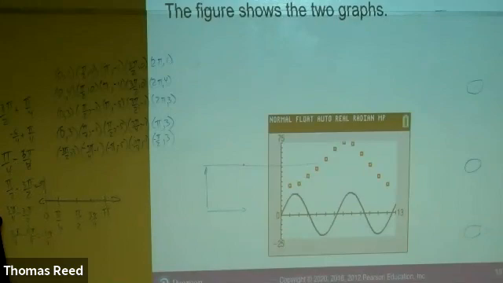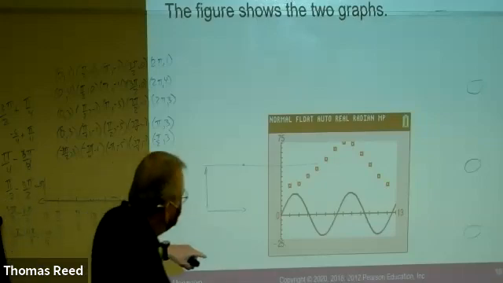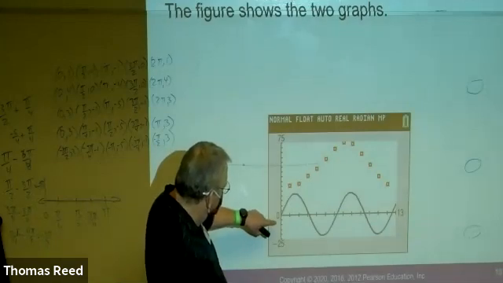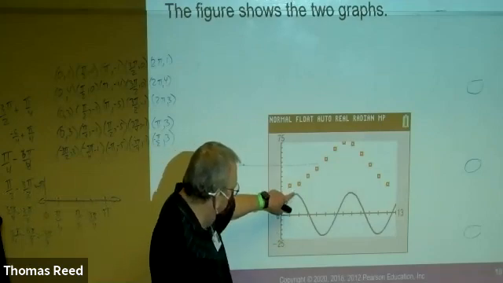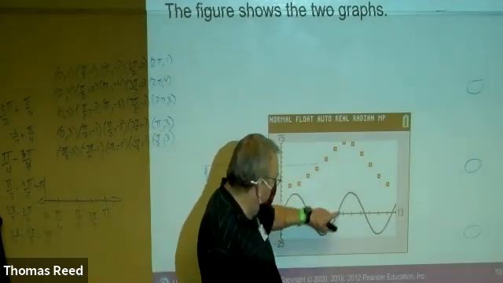So what happened? So we had a shift, both in the horizontal and the vertical. So we had a phase shift and a horizontal and a vertical shift. We had an amplitude change.